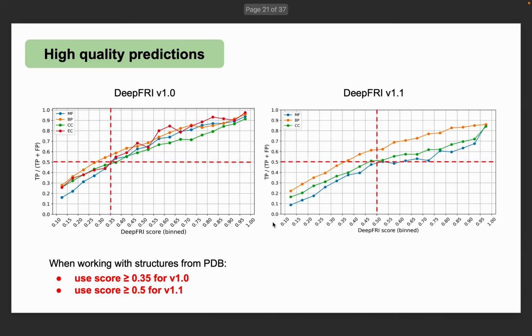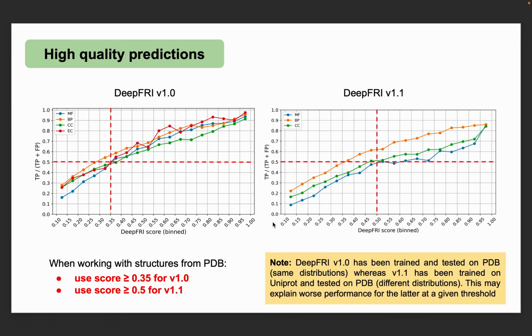So at least when working with structures from the dataset, we should use a score of at least 0.35 for V1 and at least 0.5 for V1.1. And the difference, the worse performance for the latter, is due to the fact that DeepFRI 1 has been trained and tested on the same distribution, namely PDB and related structures, whereas 1.1 has been trained on UniProt and tested on PDB.